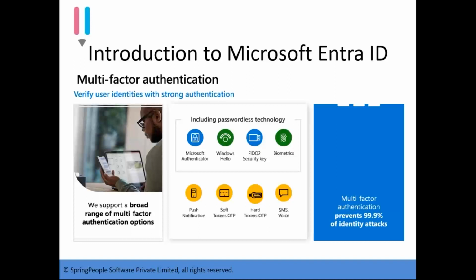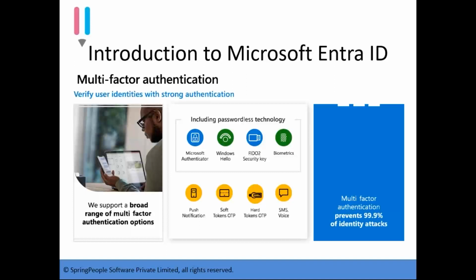There are different ways to achieve it, like sending a push notification. You can also have Windows or any other security tokens. Biometrics is another important one which is getting used across. Most of us have smartphones, and we use biometrics also.